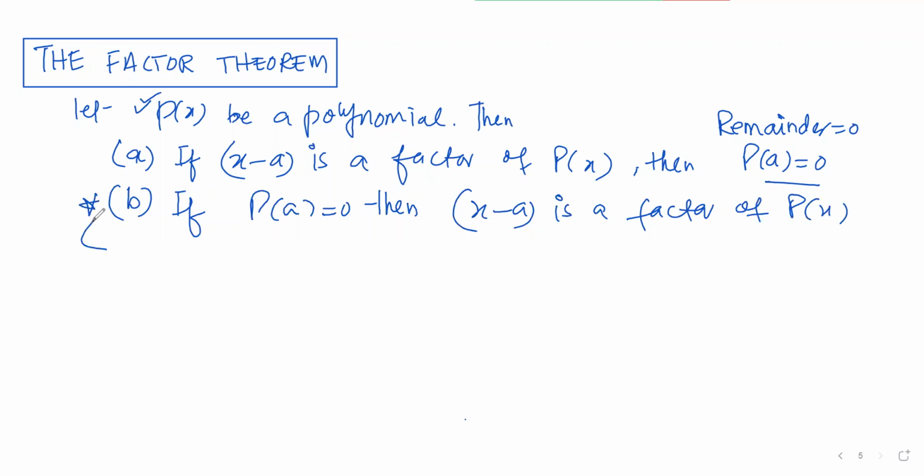This second statement is called the factor theorem. This is basically the converse of the first statement. So this is the factor theorem: if p(a) equals 0, then x minus a is a factor of p(x).